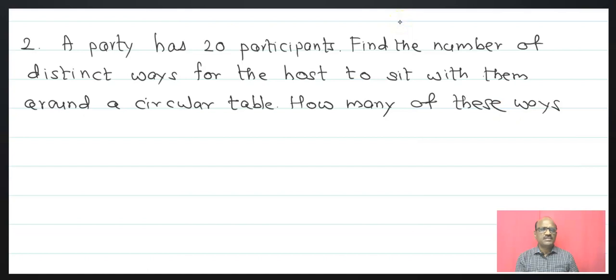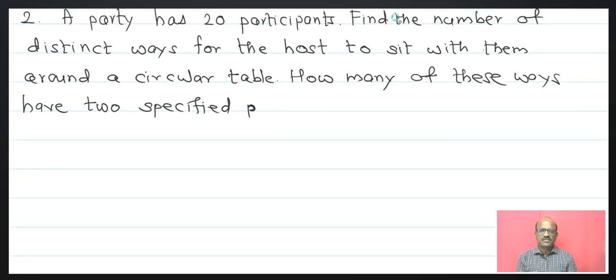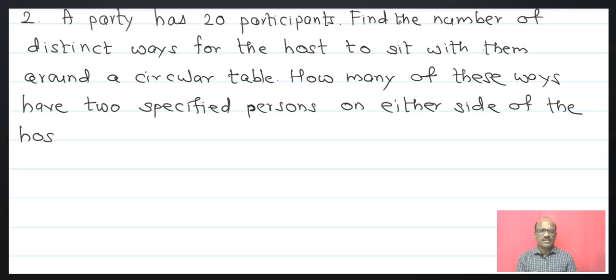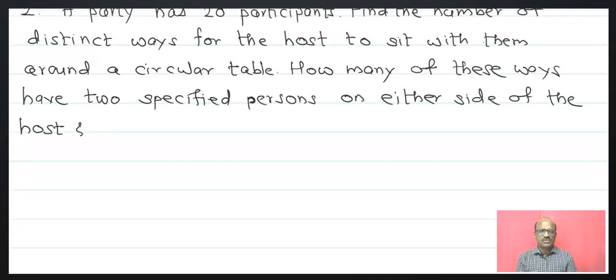How many of these ways have two specified persons on either side of the host?